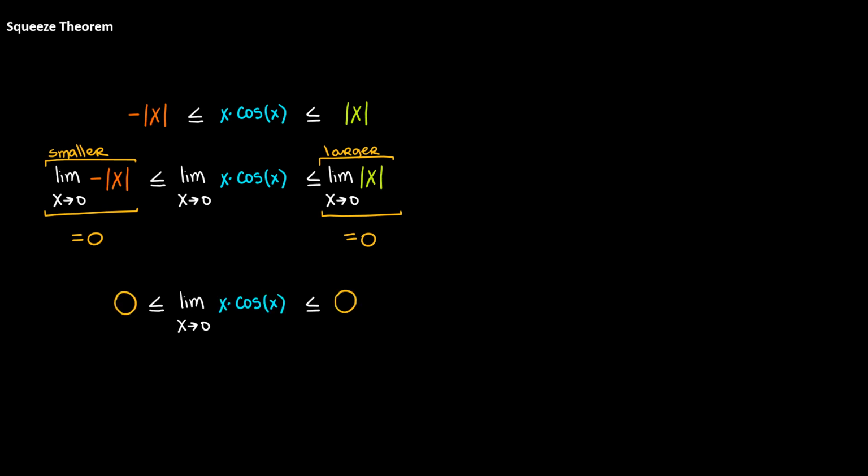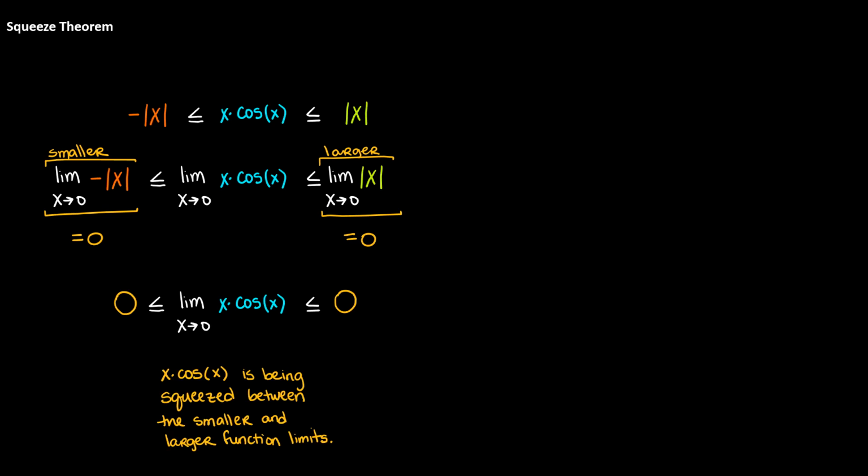That way, our next step is to say that the limit we're actually trying to evaluate is being squeezed between two numbers, and those two numbers are equal to each other. The only way for this inequality to be true is for that center limit to be equal to the two limits on the outer edges. So it must be true that the limit of x cosine x when x approaches 0 is also equal to 0.